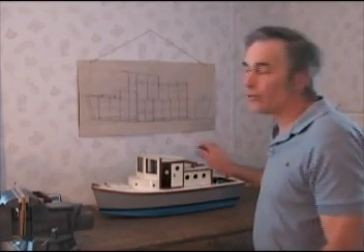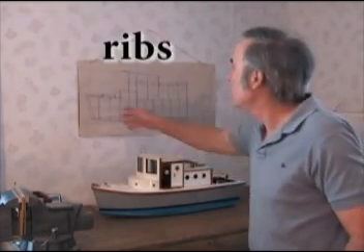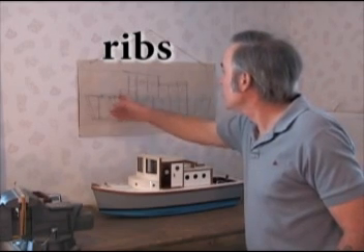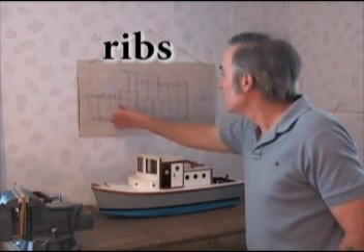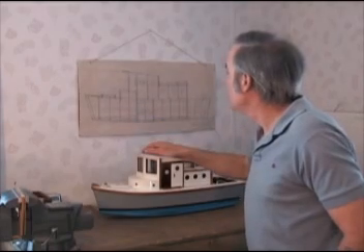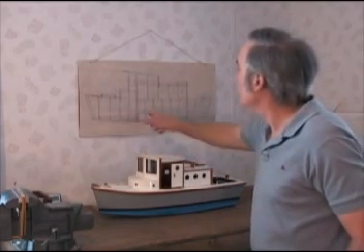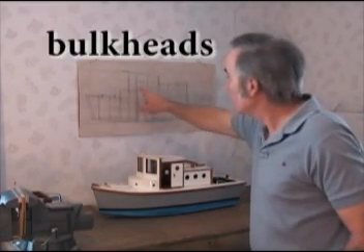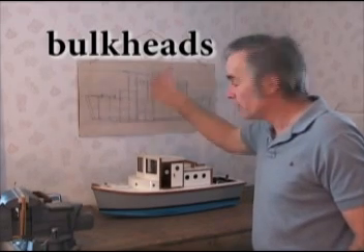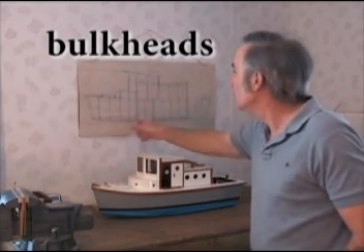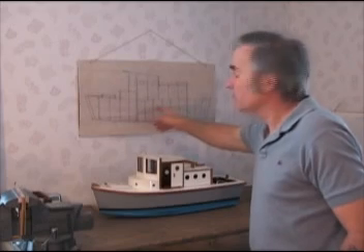You'll hear me refer to the ribs. The ribs are what I consider to be the freestanding frames on the sides. And bulkheads are like the interior walls of the boat that go crossways in the boat, and that's what gives the boat its shape.